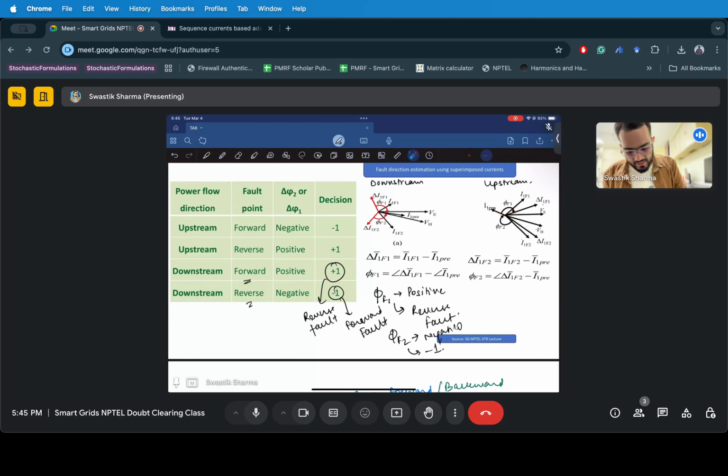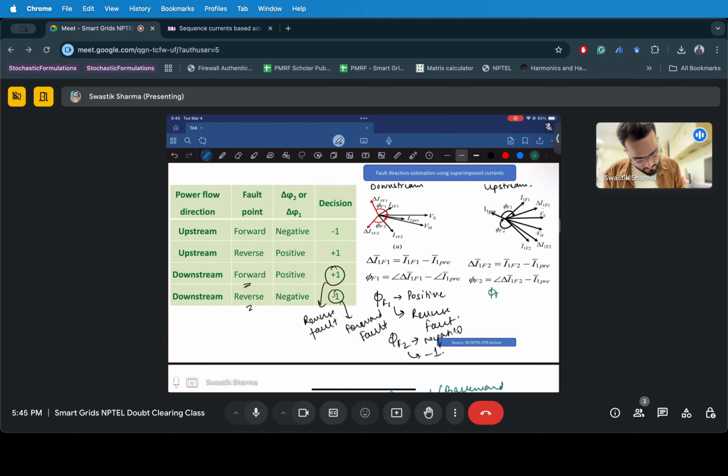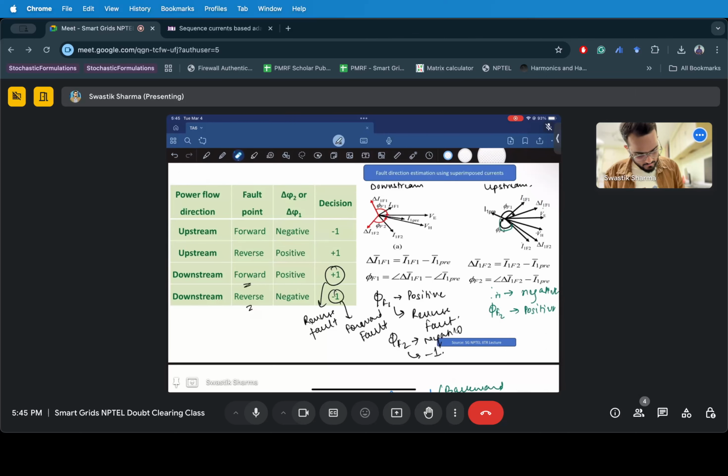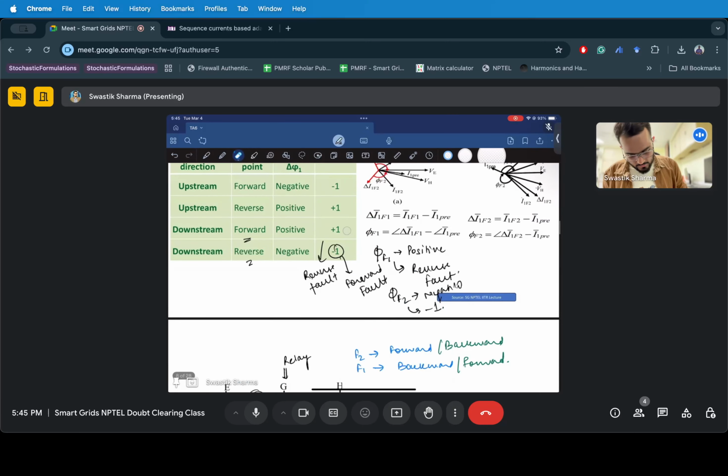Since F1 is lagging, that means phi F1 is negative, and phi F2 is positive since it's leading. You see, it's leading. So in anti-clockwise we lead and, oh sorry, my bad. +1, -1.